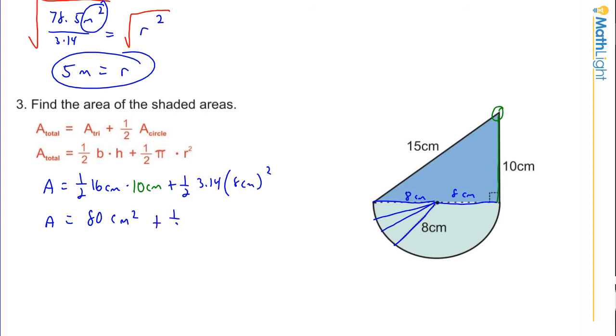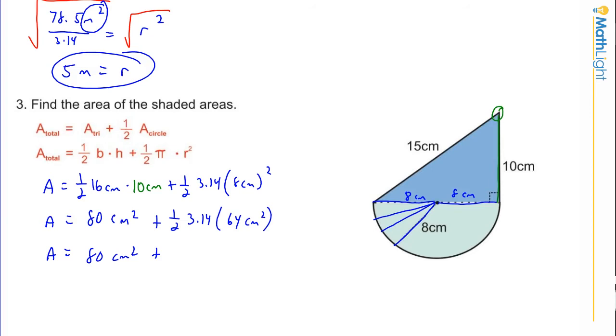The back part, I'm going to leave the 1/2 times the 3.14. And then that's going to be times 64 centimeters squared. Let's punch that out in our calculator. All right. So easiest way, 1/2 of 64 is 32, right? Commutative property, we can change our order.